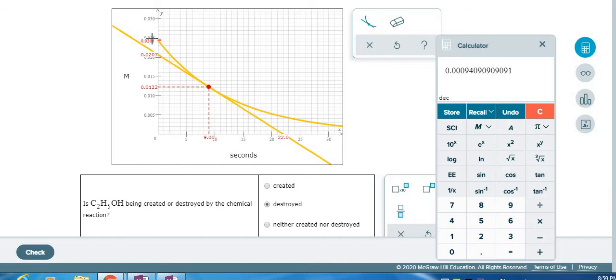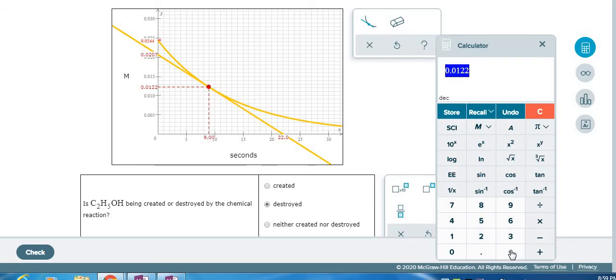Okay, so the initial is right here, and there's the final. So let's get that magnitude. It's going to be 0.0244. Let me clear that first. 0.0244 minus 0.0122.